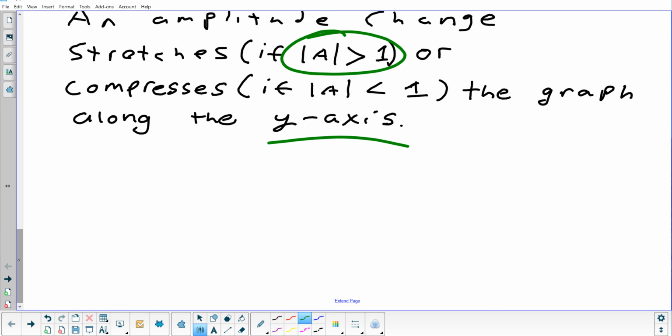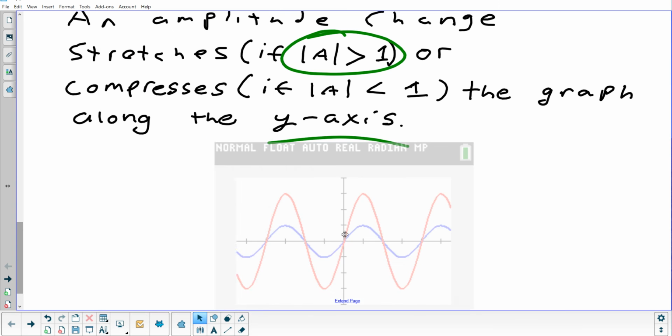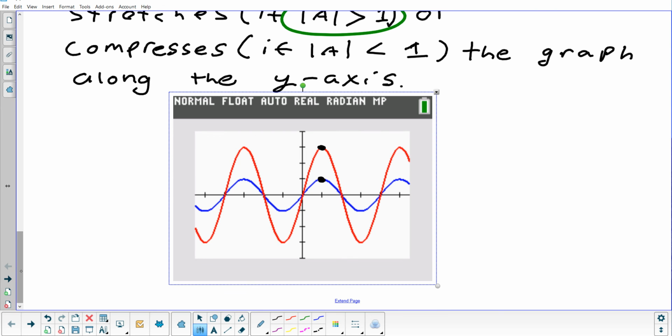So let's take this graph. Look at that. And let's compare 2 points, one on the original and one on the stretched one. There's a point on the original. There's the same point when you stretch it. Think of these points as having coordinates.